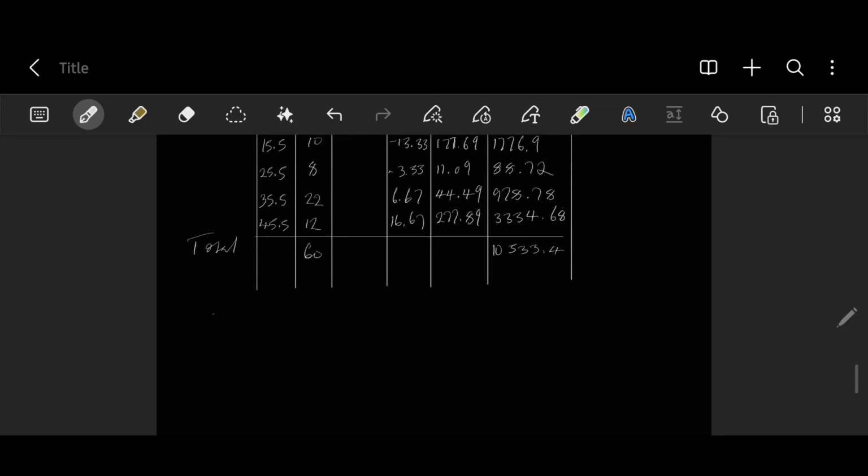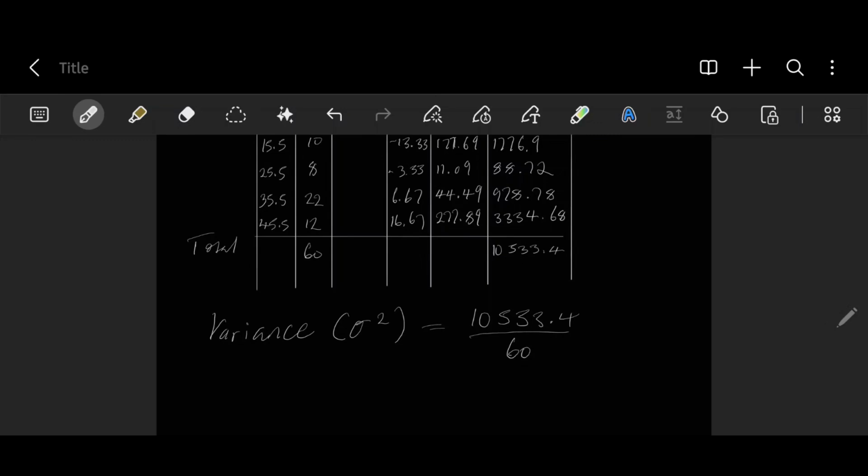So we have our variance equal to the summation of that, 10,533.4, divided by 60, which is the summation of the frequency, representing the number of students.